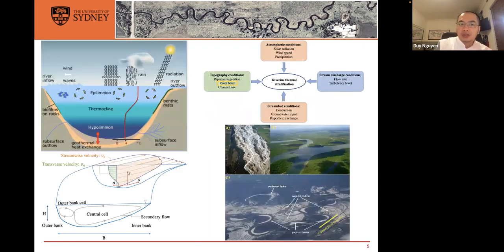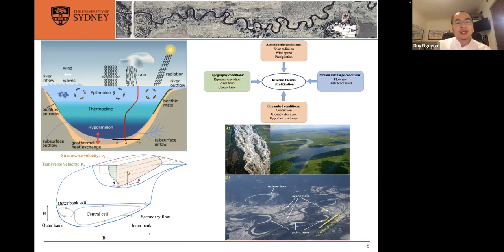So talking about thermal stratification. It happens when a body of water receives radiation from the sun, and with a low flow rate, it leads to persistence of a less turbulent level and mixing, and it leads to layering because the density of the water changes with depth or with temperature.